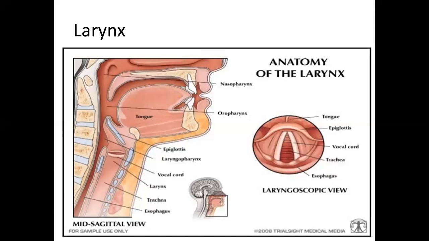After that we're coming, now we started from the nasal cavity with the nostril. After that, the nasopharynx, and after that coming to the larynx with the epiglottis, okay, which is situated between the pharynx and the trachea.